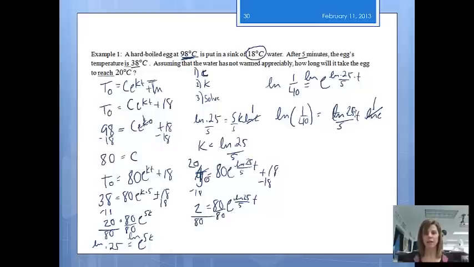And then to solve for t, we can just multiply both sides by the reciprocal. So we'll multiply 5 over ln 0.25, and the same thing over on this side, 5 over ln 0.25. And when I plug that into my calculator, I should get 13.305 minutes. So that's how long it would take that egg to cool to 20 degrees.